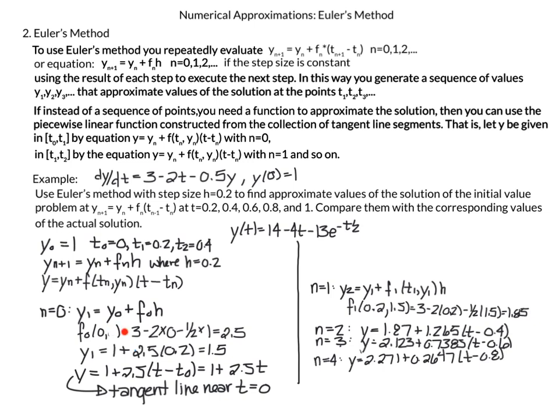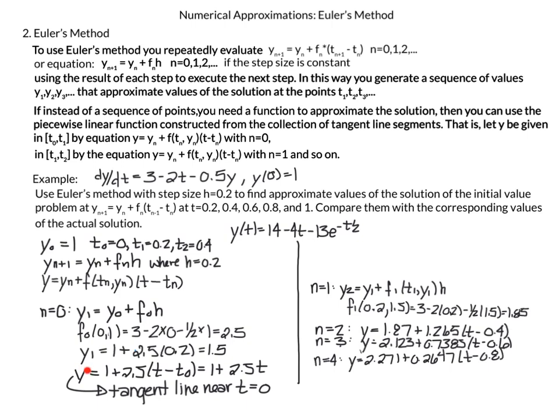So then that will equal f, plugging in for f. Where's f? Here, my differential equation. I have 3 minus 2 times t naught, which is 0, minus 1/2 times y naught, which is equal to 1. And that will be equal to 2.5.